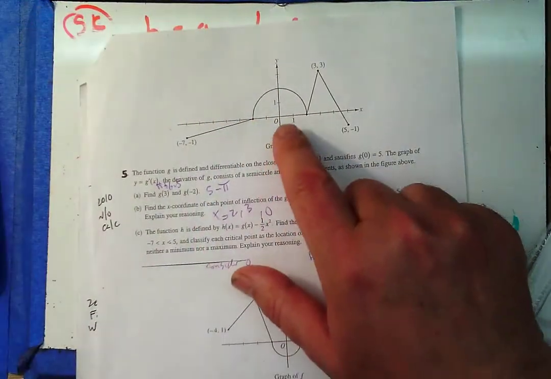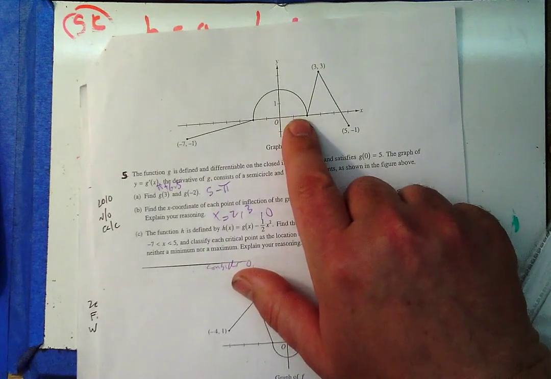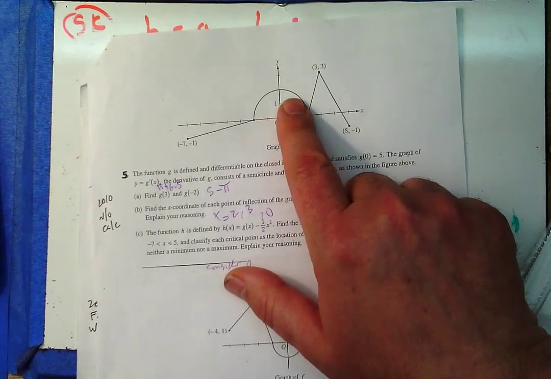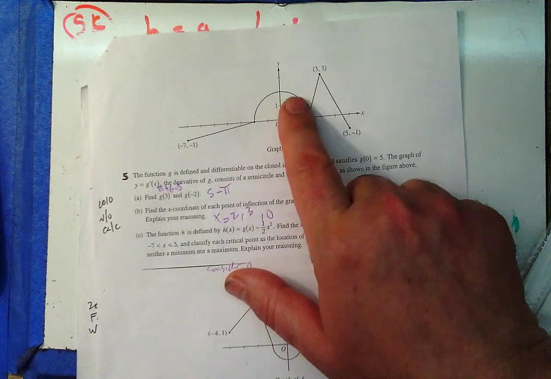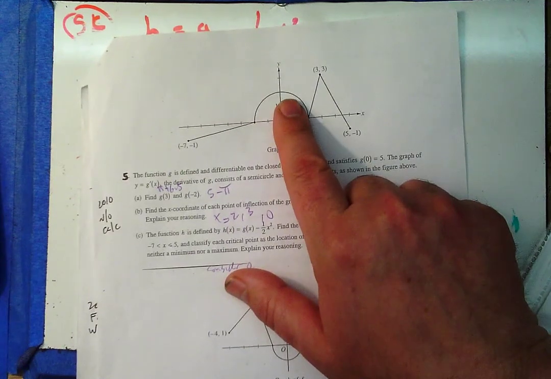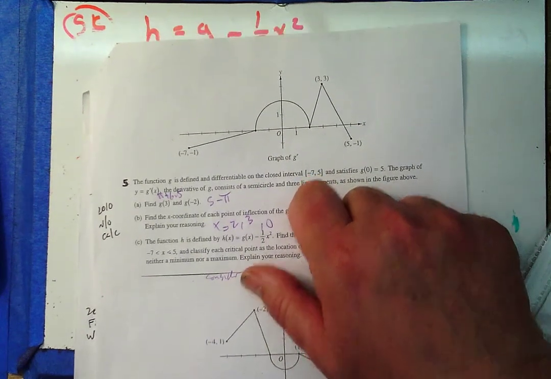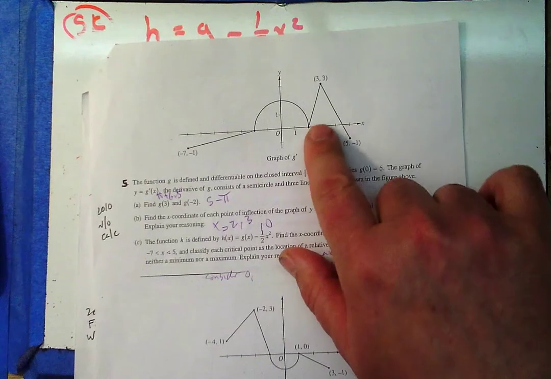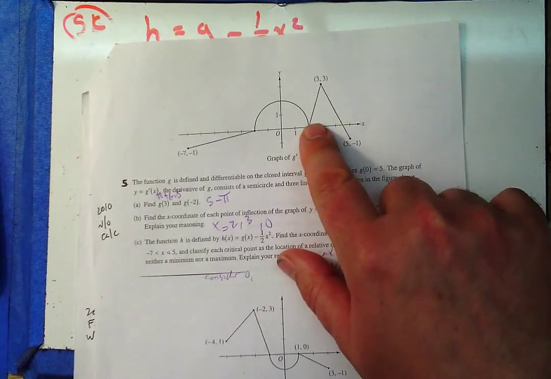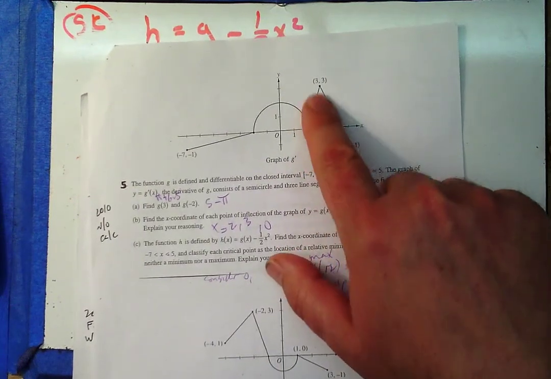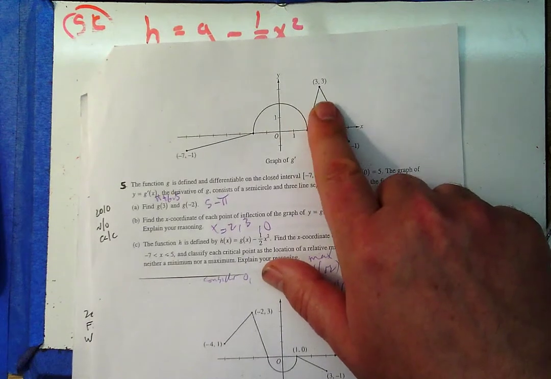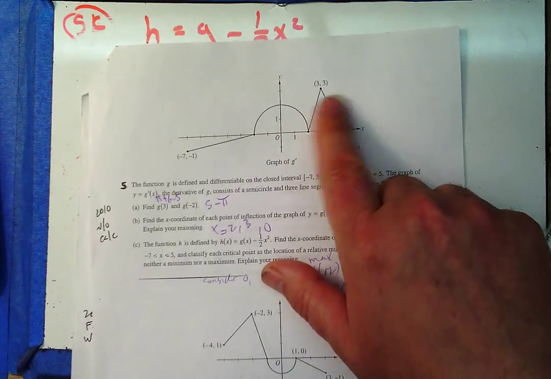But over here, I see x values are positive, I see y values are positive. I wonder if there's a place in here where both the x's and y's have the same value. I kind of want to say pi over 4, but we'll see what happens over there. And then over here, I see the x values are positive, the y values are positive, so maybe again another one or two over here.